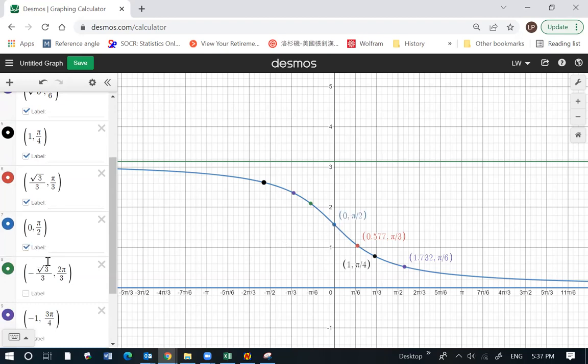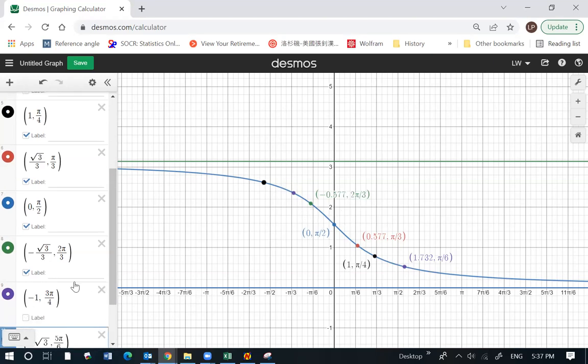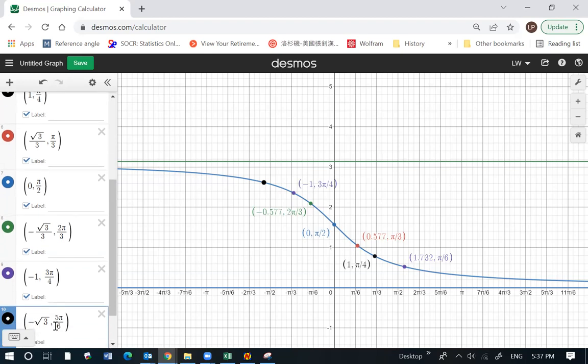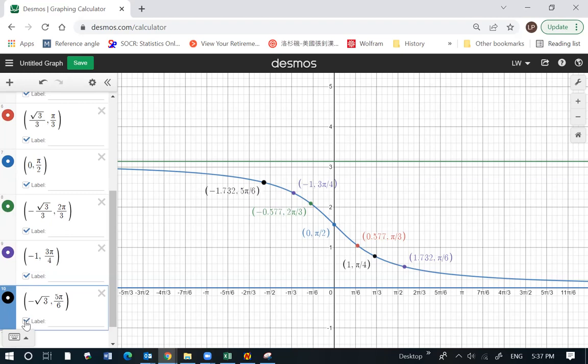Negative root 3, 2 pi over 3, we did that point for arc cotangent right here. Keep going: negative 1, 3 pi over 4. So that purple dot, they're all color coordinated. This program is pretty useful, at least for me.